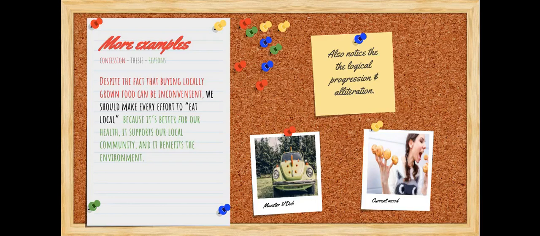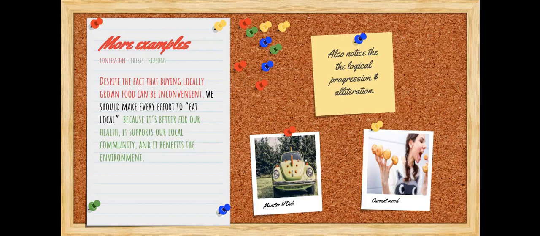Another example, starting with the concession, despite the fact that buying locally grown food can be inconvenient. And notice that in the concession part, again, they use a contrast transition, despite. Then they admit that the other side has a logical or strong argument, and then moves on into the topic opinion and what we're calling thesis here, and ends with the reasons.